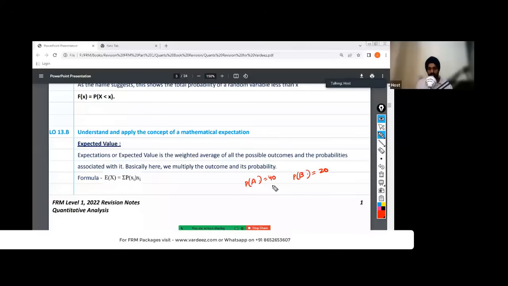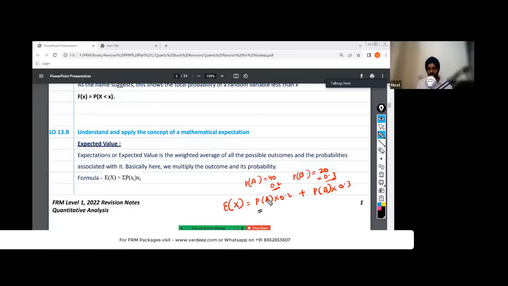And if I'm given the respective weights as well, and the associated probabilities, then all I need is, let's say, the weight is 0.2 and here we have 0.3. So if I want to find the average or the expected value of X, I just need the probability of A multiplied by the weight, which is 0.2, plus the probability of B multiplied by the weight, which is 0.3.